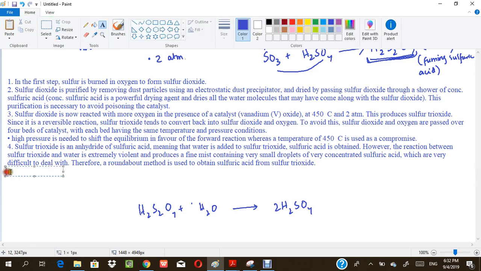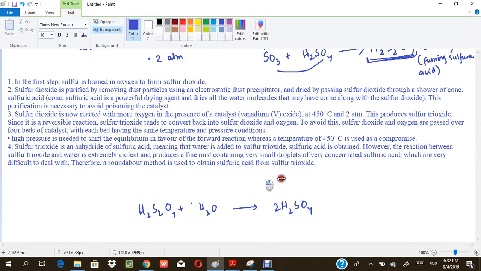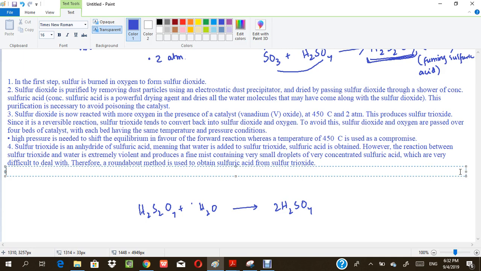Number 5. Sulfur trioxide is added to concentrated sulfuric acid, giving us a viscous liquid called oleum or fuming sulfuric acid.